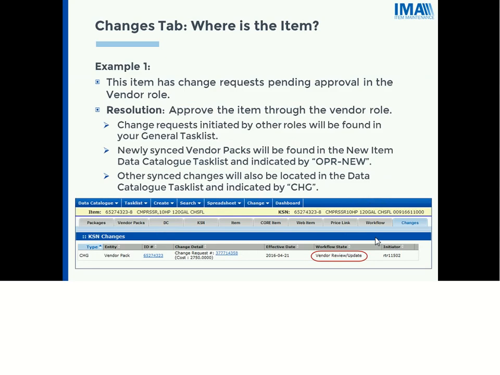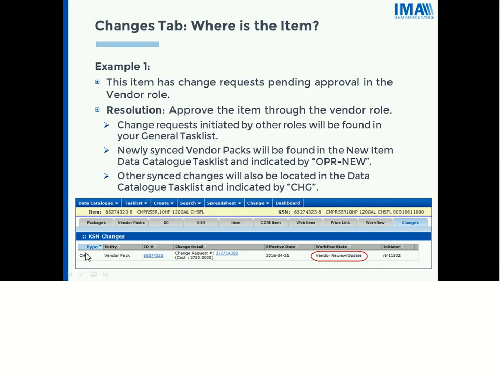So in the first example, looking at the Changes tab, we can see that this item has a change request pending approval in the vendor row. If you look under Workflow Status, you can see Vendor Review / Update, so we know something's in the vendor row. If you go further to the left, the type is CHG.